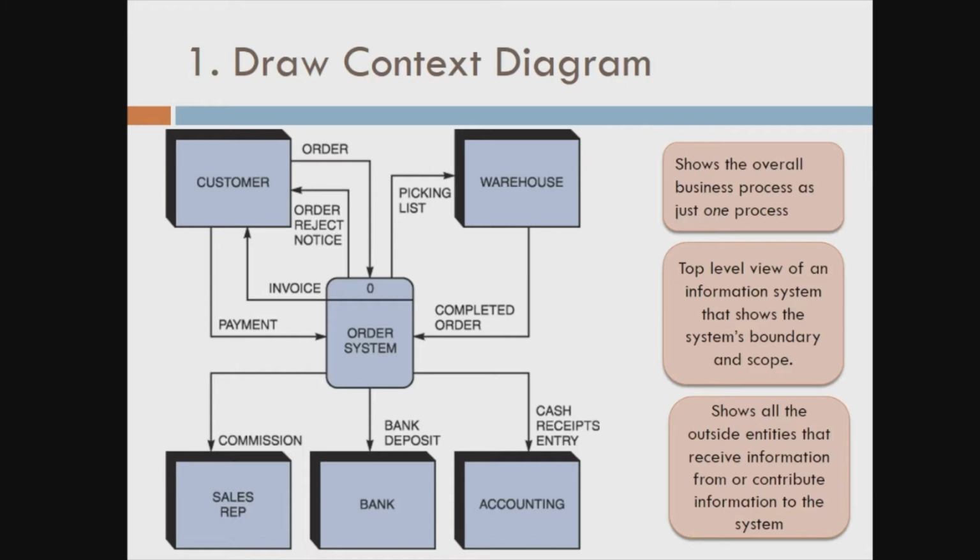The external entities refer to those who will contribute the input to your system and will receive the output. And then we have the sales representative, bank, and accounting. So in this context diagram, you need to identify the users of your system and what data will interact with those users.